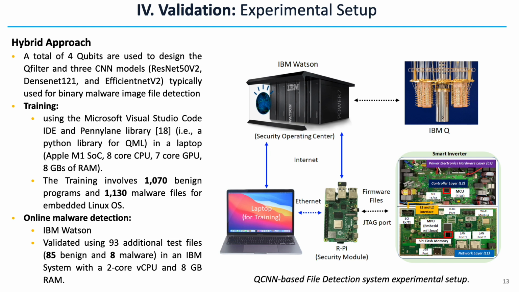In order to test, we try to keep it as realistic as possible using 85 good samples and 8 malware samples because in a realistic system, maybe an inverter gets 100 updates every year, and out of those 100 update files, maybe 10 or 8 would be malicious. So that was the reason behind the unbalanced data set that we have.